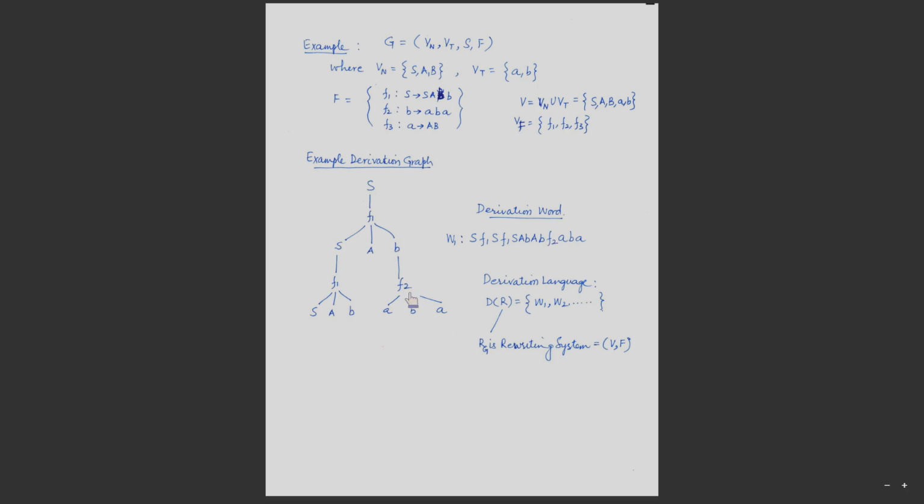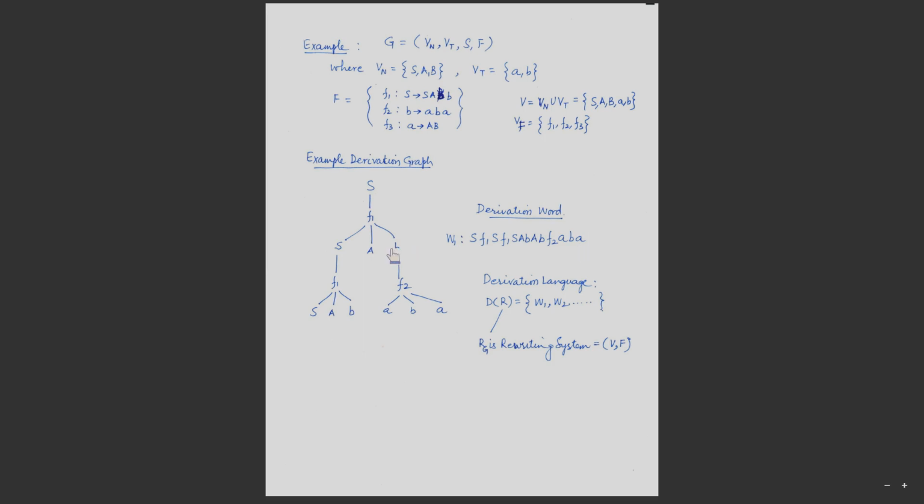SABA, and after that you have B. So this B on production of rule F2 gives you ABA. So this derivation is also indicated in the form of a string, which eventually is known as a word. So this word is known as the derivation word. You can label it by some appropriate symbol, for example W1.